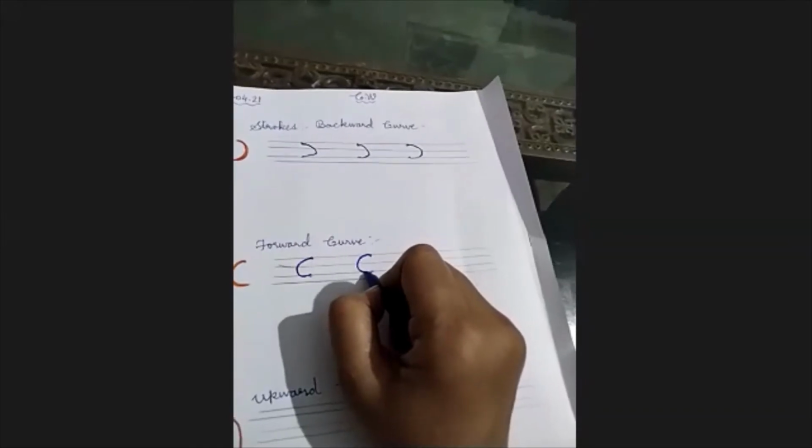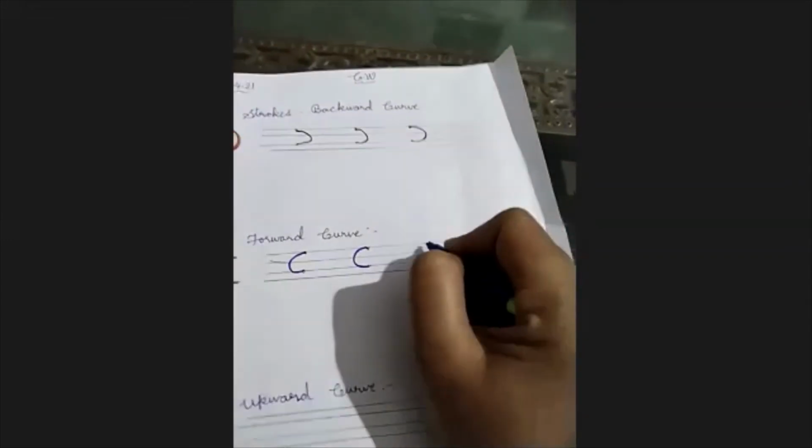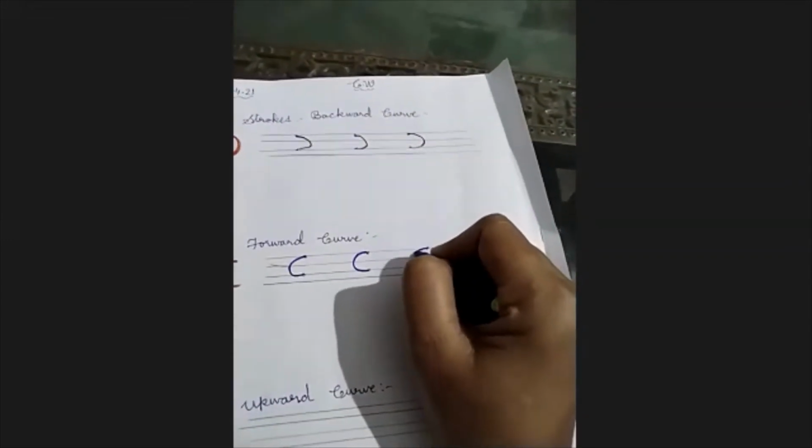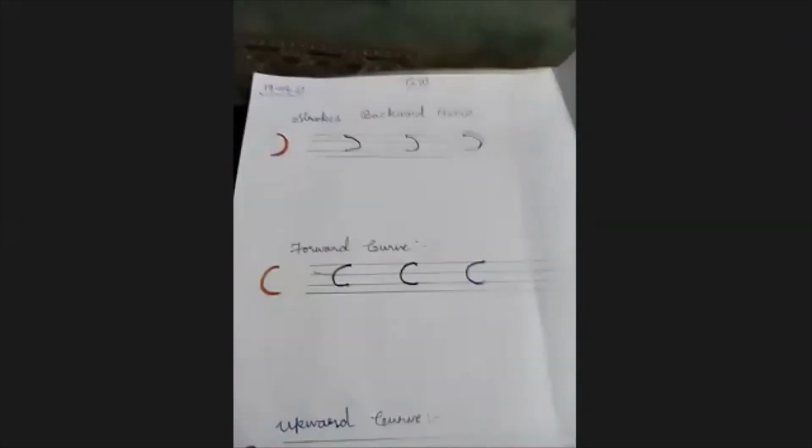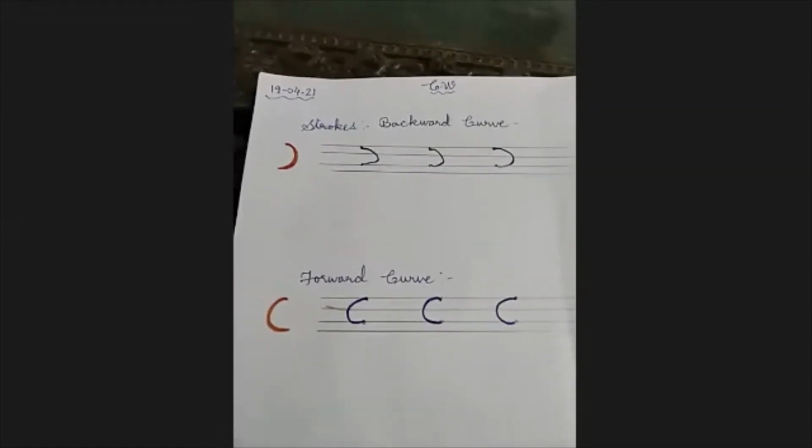Again, start from the dot, curve towards left, come down and stop. Okay, you can write one curve now, then you can practice later on. Only one curve.